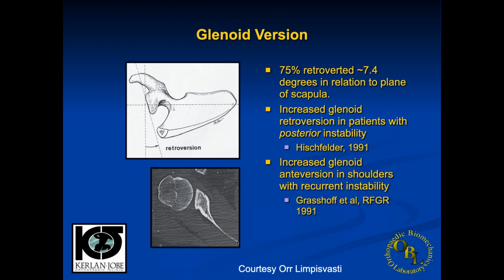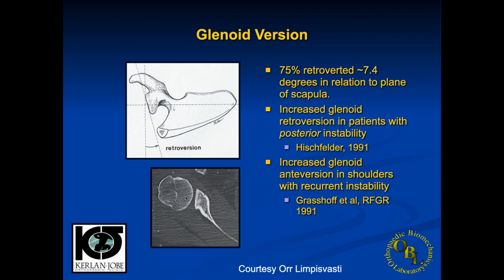So if you draw a line along the scapular blade out to the center of the glenoid, and then draw a line along the face of the glenoid, you'll get an angle here. If this angle is greater than 90 degrees, then that's retroversion.